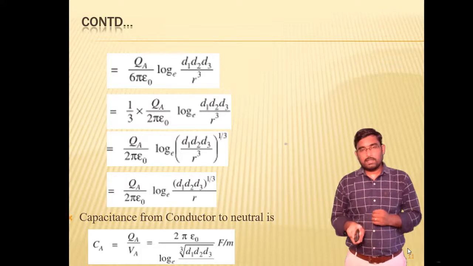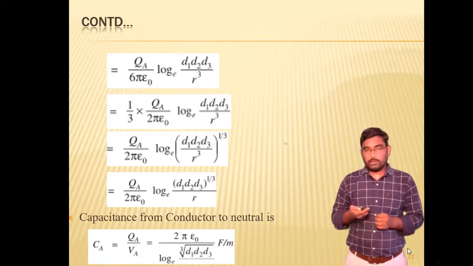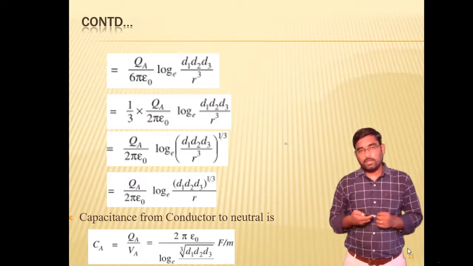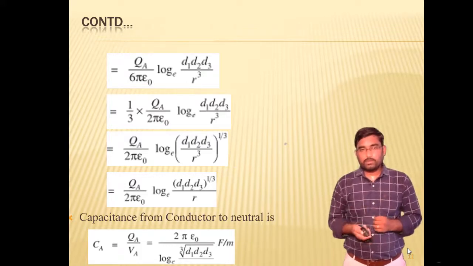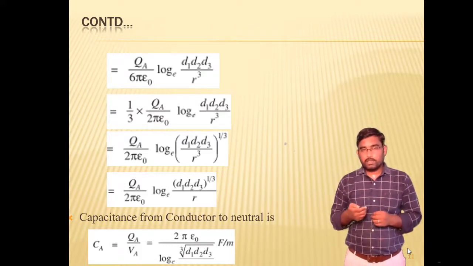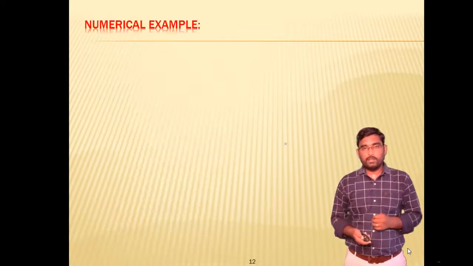Then the charge gets cancelled. It will be 2 pi epsilon naught by ln of cube root of D1, D2, D3 by R. So this is the expression for the capacitance of conductor A of unsymmetrically spaced lines which are transposed. If you see the expression for conductor B and for conductor C, we will get the same expression.